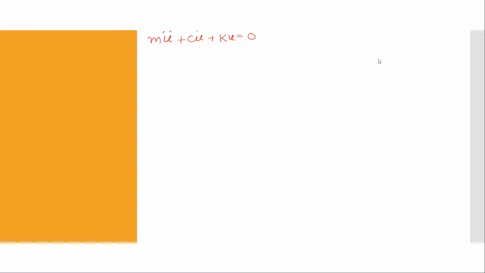Finally we got two roots. The root s1 was minus xi omega n plus under root xi square minus 1 times omega n, and the second root s2 was minus xi omega n minus under root xi square minus 1 times omega n.